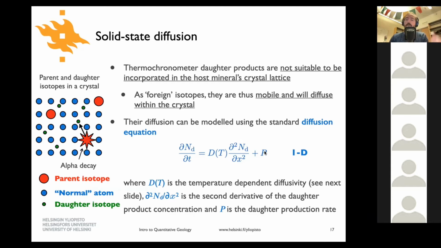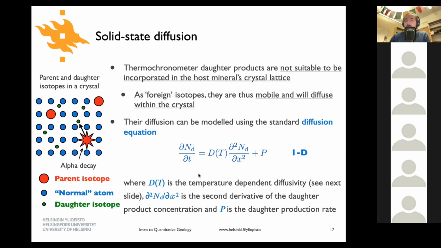We didn't have this before, but the decay will continue to occur. As long as there's a parent isotope, there will be radioactive decay producing daughter product. So we need to include this source term, because it's not simply redistributing the existing helium, but also potentially accumulating more.